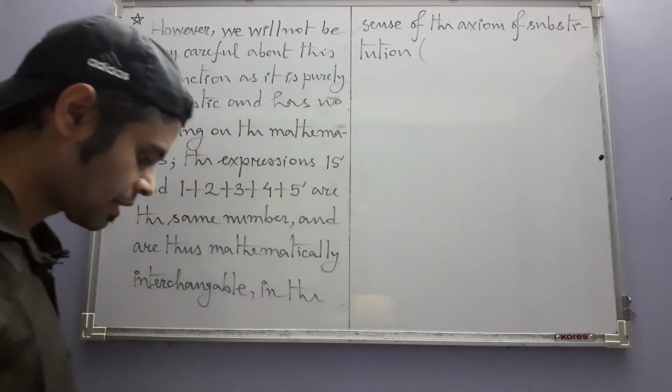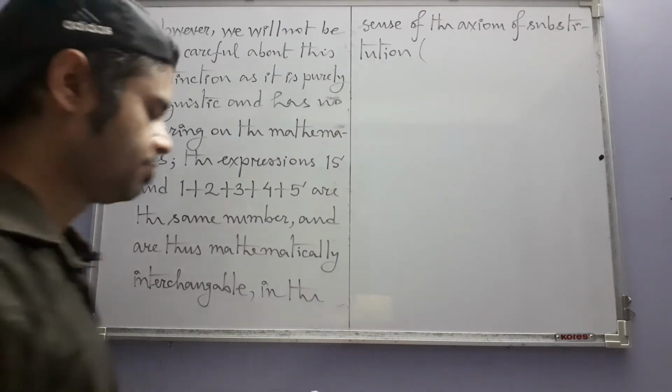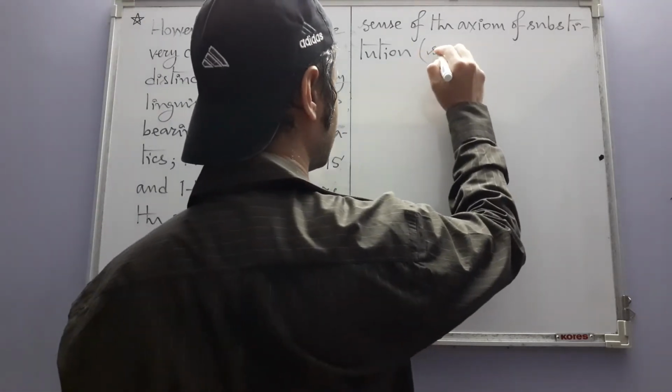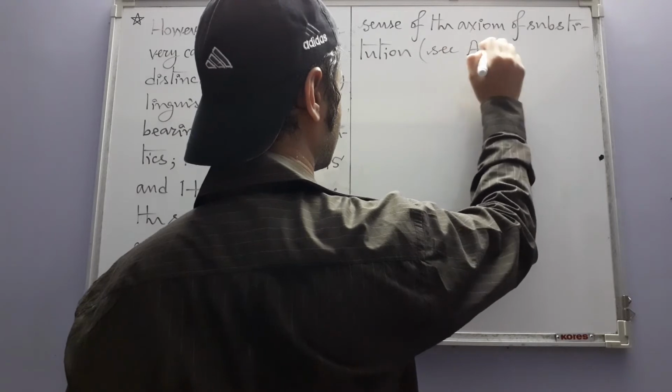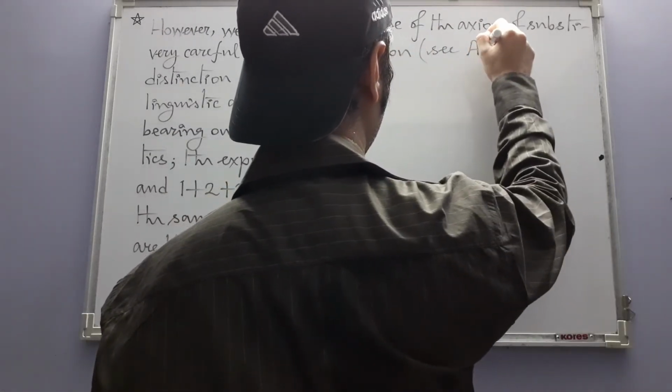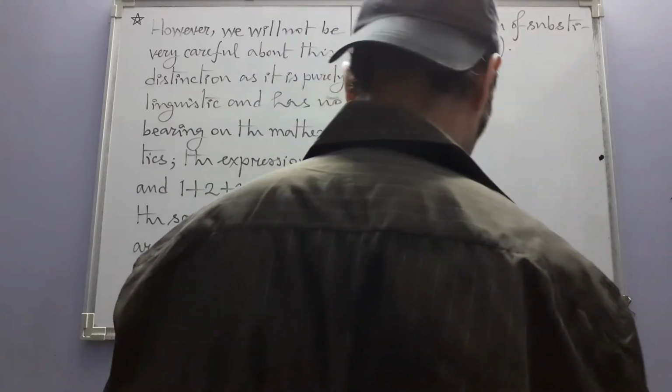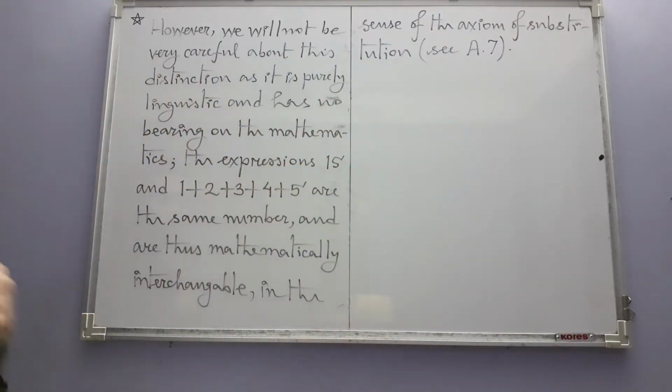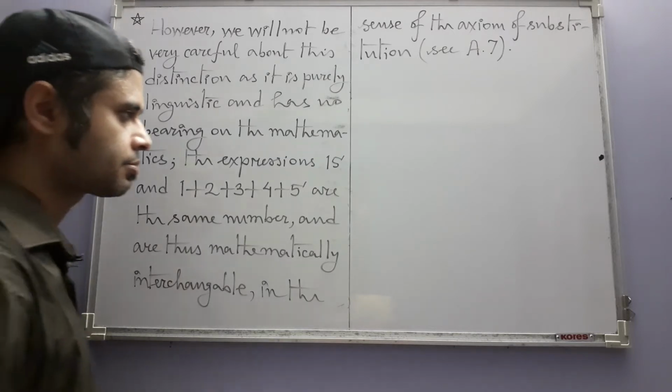The axiom of substitution is something that you find in Appendix 7. So what the axiom of substitution says is roughly this.